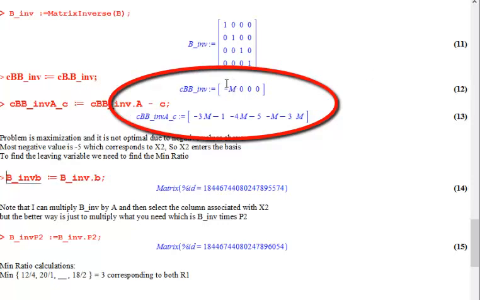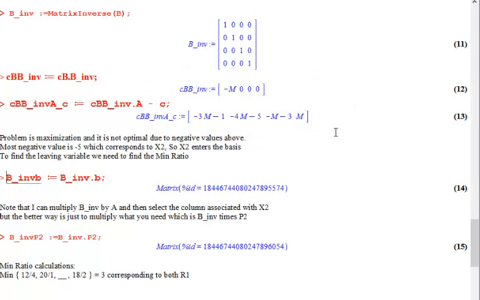For R1 in the CB B inverse, notice that in the tableau structure this needs to be 0, and that is the only contradiction that you are getting in this procedure. But in any case, this value, minus 4M minus 5, is the most negative number.